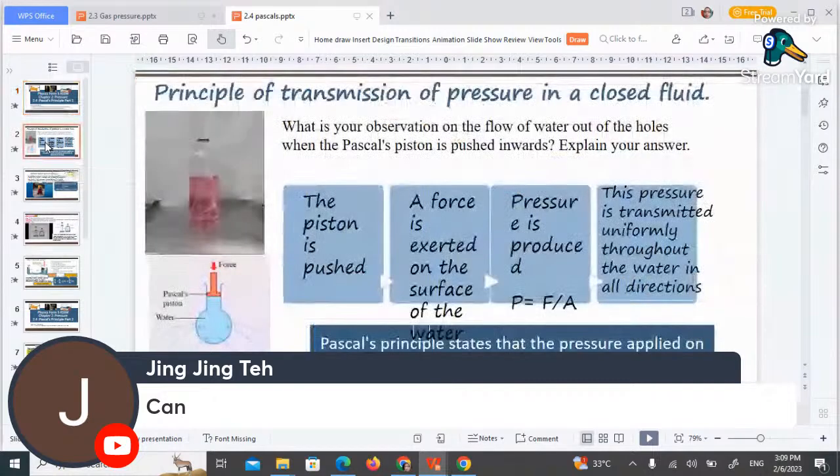I hope you can see. Okay, principle of transmission of pressure in a closed fluid.